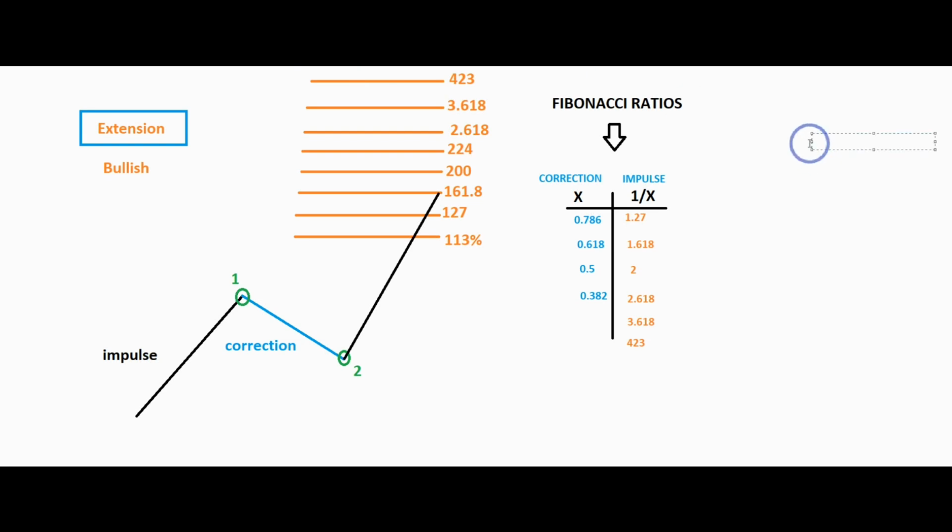These numbers represent our Fibonacci extensions, which are used as Fibonacci ratios.